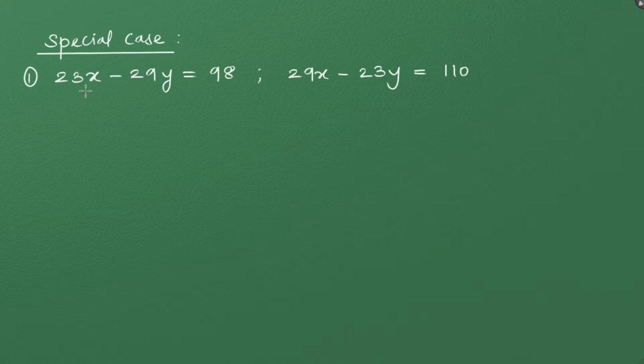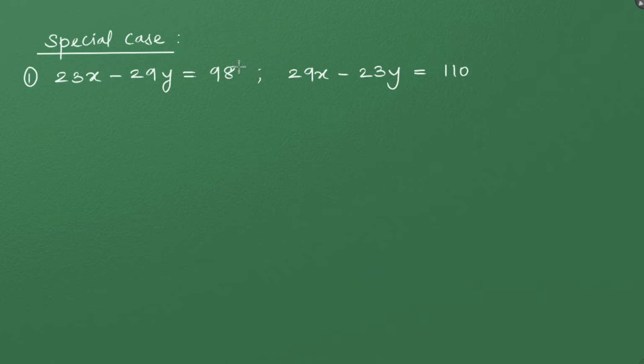That is, the coefficient of x, that is 23 in the first equation, is the coefficient of y in the second equation. Also, the coefficient of y in the first equation, that is 29, is the coefficient of x in the second equation. So when such is the case, then such equations are solved as follows.